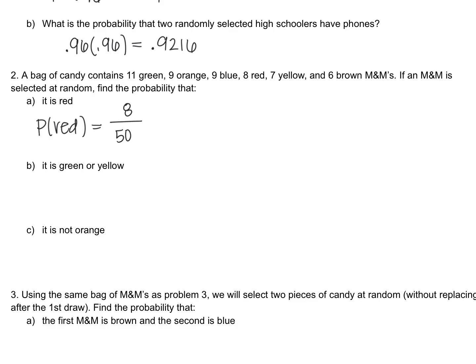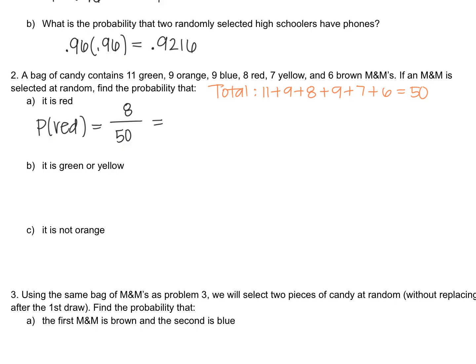And the way I got that is just adding all of them together. So the total is 11 plus 9 plus 9 plus 8 plus 7 plus 6, which gives us 50.